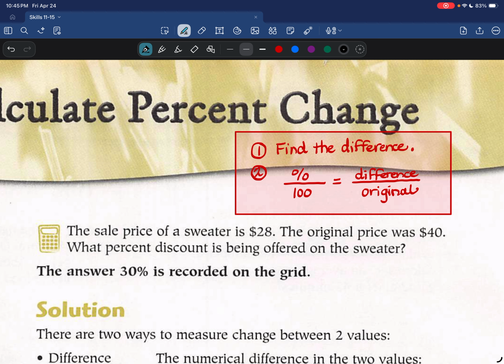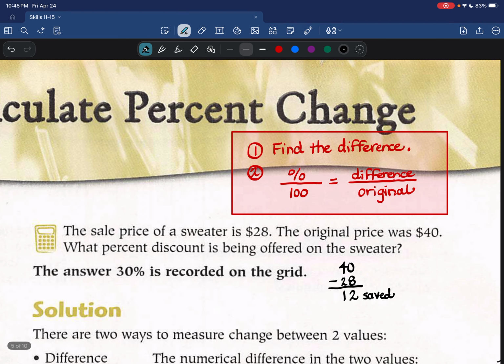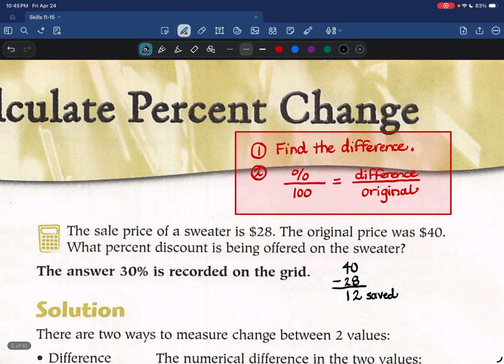So let me show you how I would apply that to this particular problem. The difference is going to be the $40 minus the 28. So if you buy this sweater on sale, you are saving $12. That's the difference I'm talking about. Then you set up a proportion where you have the percent, which we're looking for, over 100 equals the difference, that was our 12, over the original.